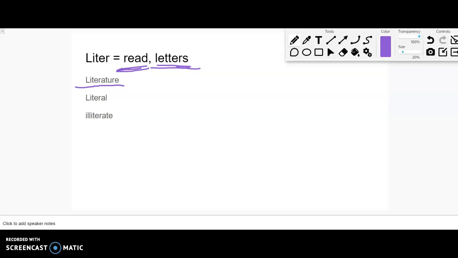So that's when the Latin roots aren't a direct translation, but it can help us understand. Illiterate, well, the prefix il means not. So illiterate means not able to read. Again, understanding these different word parts can help us understand what words mean.